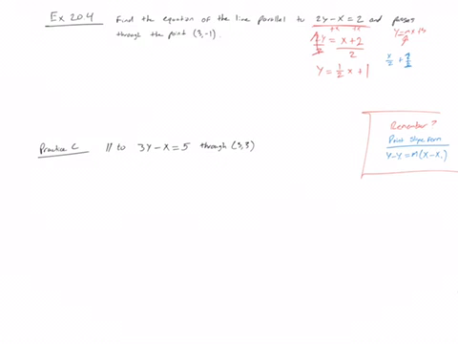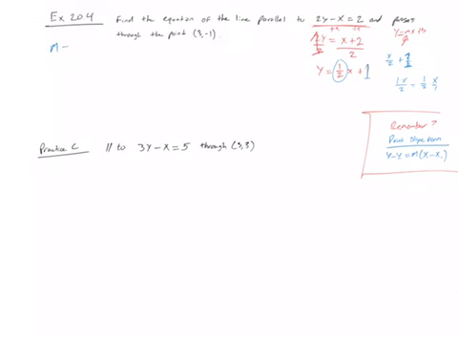Well, 2 over 2 is just 1, that's where this 1 right here came from. And x over 2 is the same thing as saying 1 times x over 2, which is the same thing as saying 1 over 2 times x over 1, which is the same thing as 1/2 x. Really the important thing is that the slope of all this is 1/2.